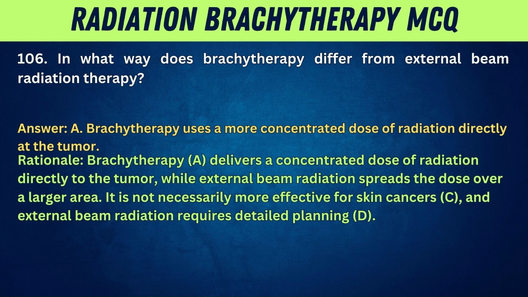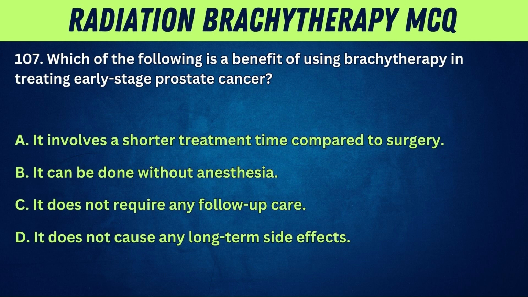Rationale: Brachytherapy (A) delivers a concentrated dose of radiation directly to the tumor, while external beam radiation spreads the dose over a larger area. It is not necessarily more effective for skin cancers (C), and external beam radiation requires detailed planning (D).